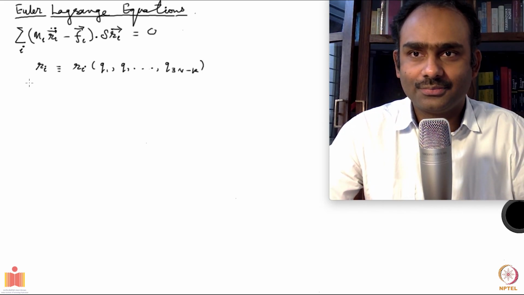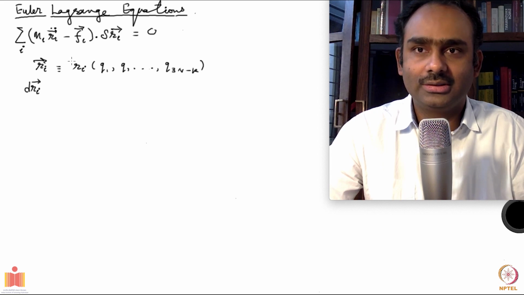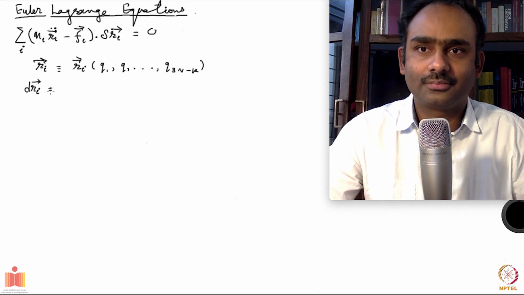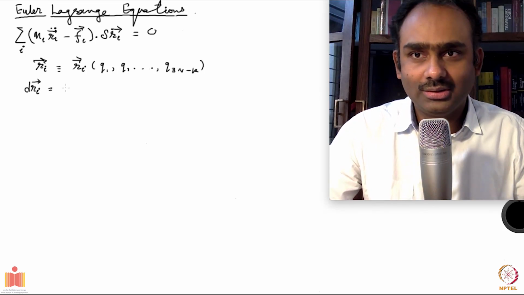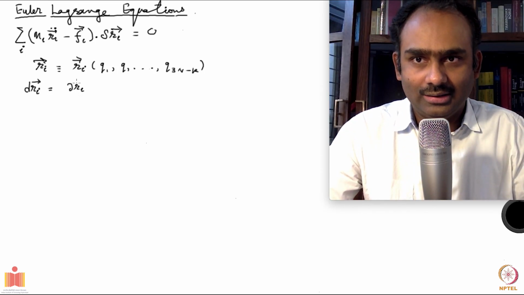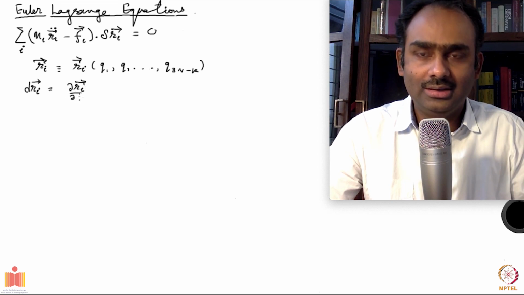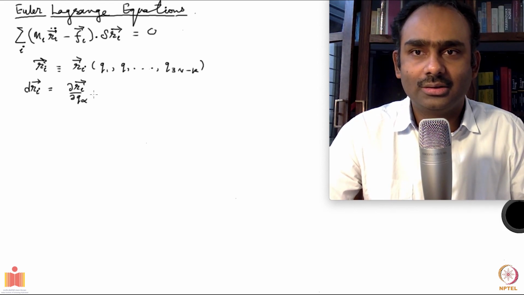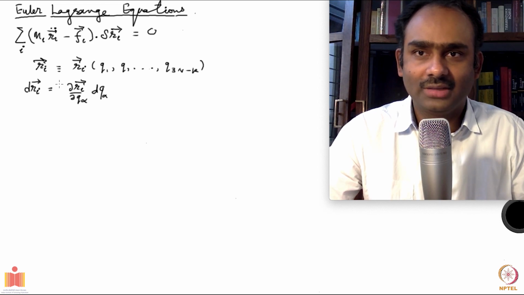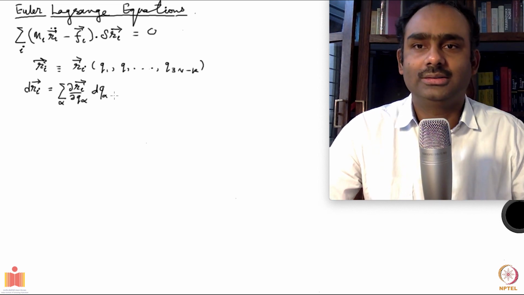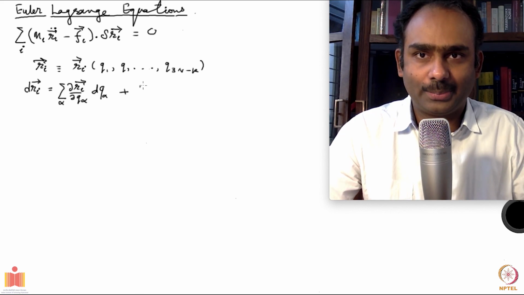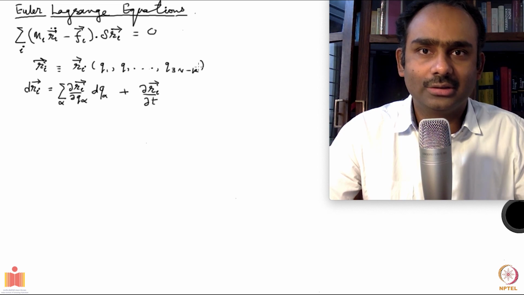Now I can take a differential of this and write dri. I should put vector symbols here, okay. dri is what? Del ri over del q alpha, I'm using alpha, dq alpha, and I should sum over all the generalized coordinates, and I will also have a time derivative term, which means I missed writing in the previous line something, so here we should include time as well.